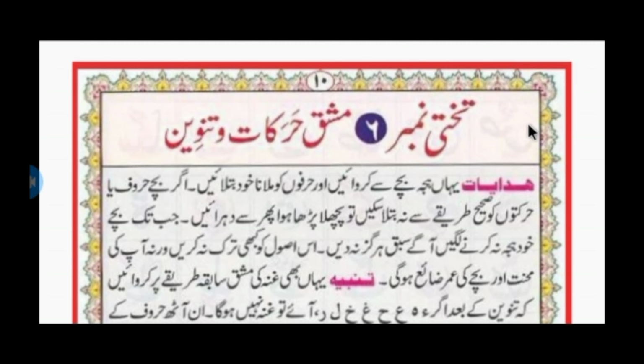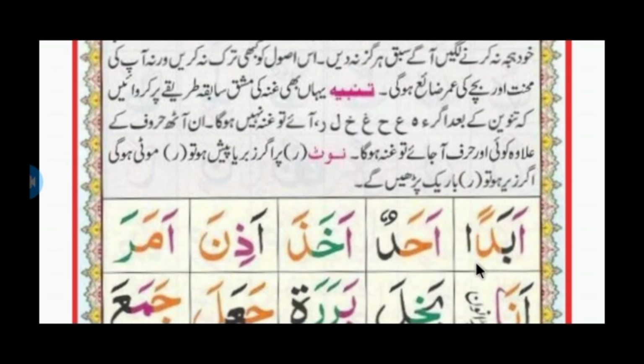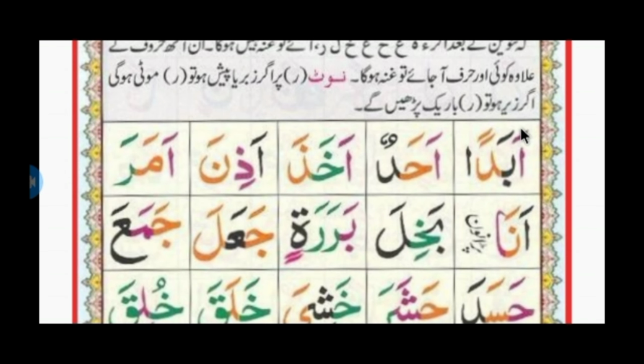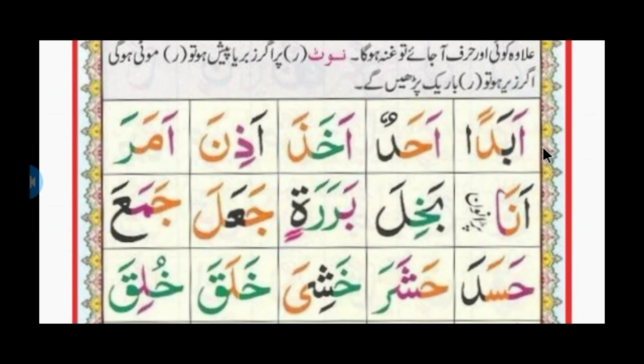Today is our lesson number 6 on page number 10. It's of harakat and of tanween. Before starting, I have to tell you that we already read about harakat. Those were three symbols: Fatha, Kasra, and Dhamma. Harakat has three rules: we're not allowed to stretch, we're not allowed to jerk, and we're not allowed to read majhul.